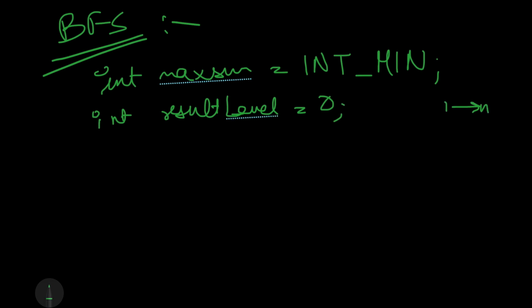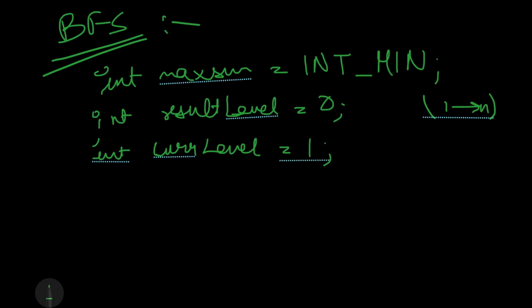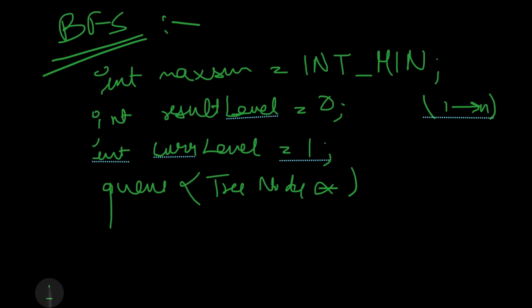Then we'll initialize the variable current level, which we'll set to 1 because our levels are from 1 to n. Then we'll define a queue of tree node type and name it que.